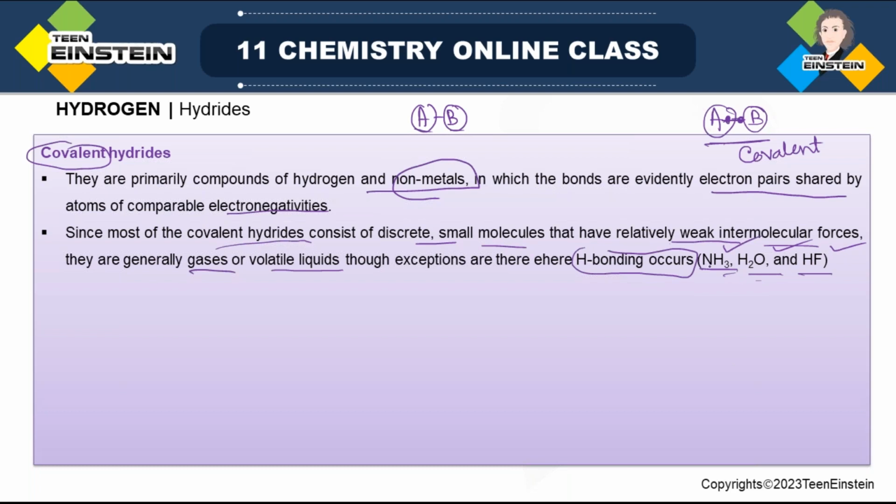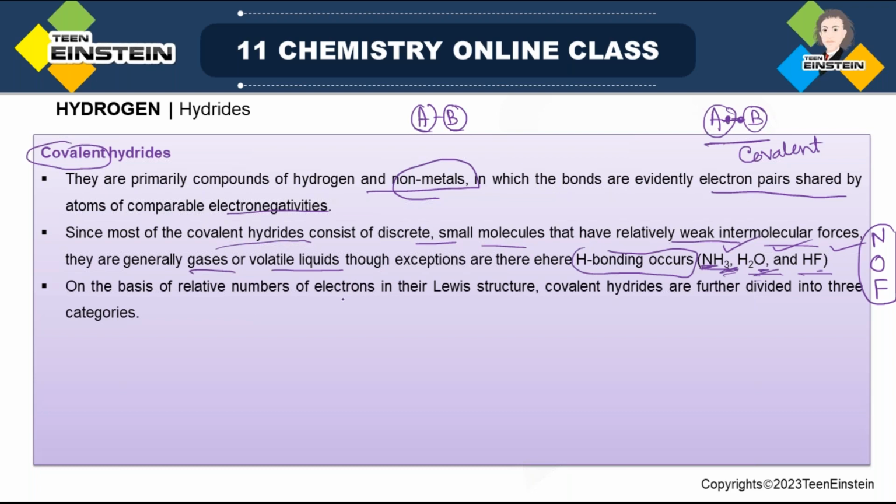Because of the presence of highly electronegative elements nitrogen, oxygen and F, hydrogen bonding is observed only for these three elements, N, O, F, in the whole periodic table. So these three compounds, as they form hydrides with hydrogen, are the exceptions. They are not volatile liquids or gases, but the rest of the compounds will have this type of nature.